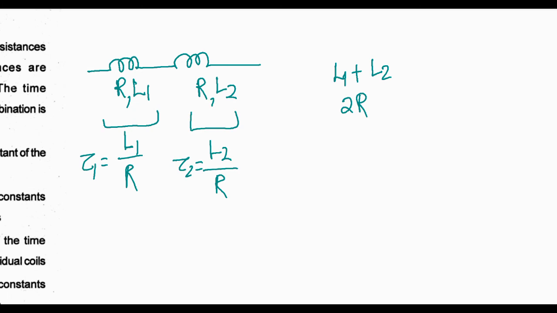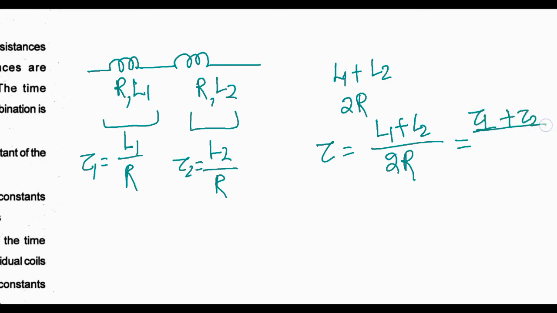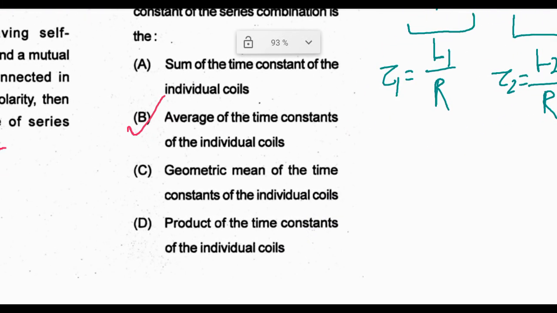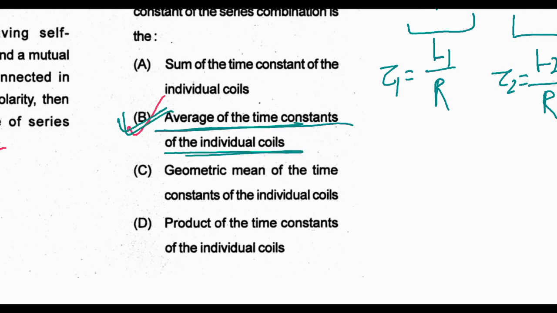So what will be the resultant time constant? This will be tau is equal to L1 plus L2 by 2R, which is equal to tau 1 plus tau 2 by 2. That means average of time constants of individual coils. So here option B is the correct answer.